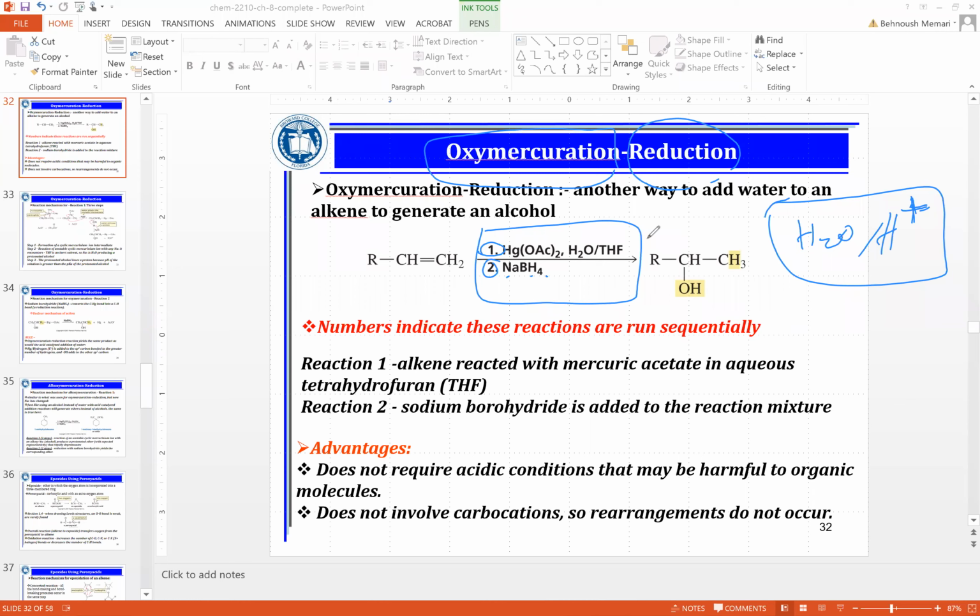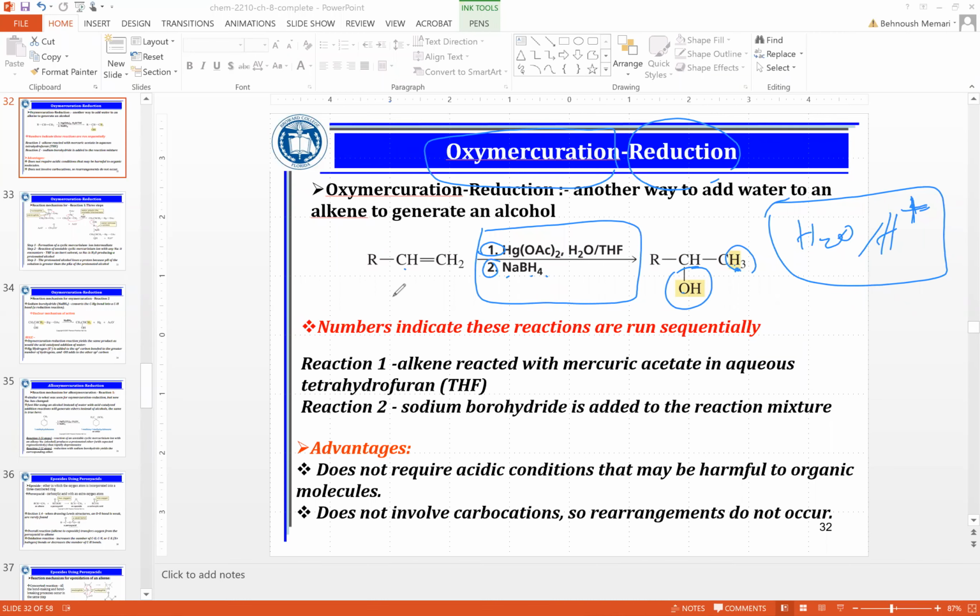In oxymercuration, demercuration, you have the Markovnikov product. See, hydrogen is added to the carbon with the greater number of hydrogens, or least substituted, and OH is added to the carbon with the least number of hydrogens, or more substituted.